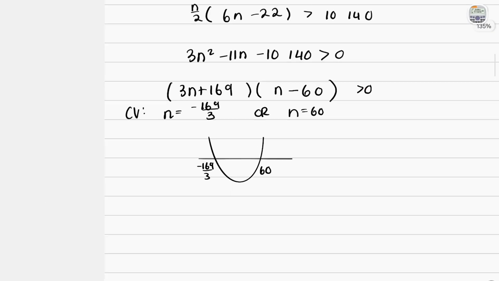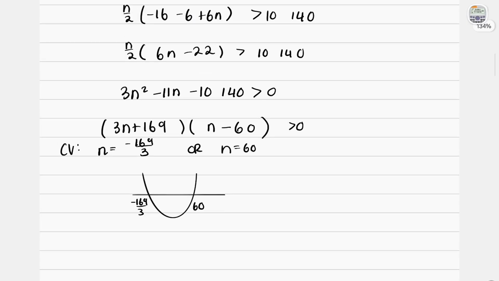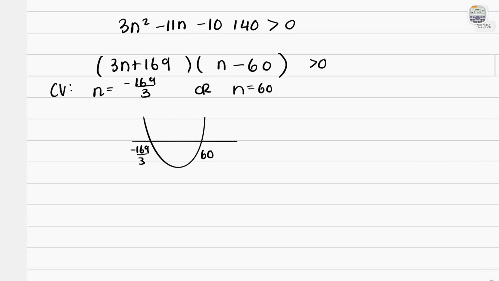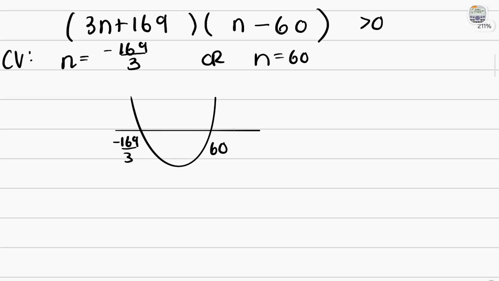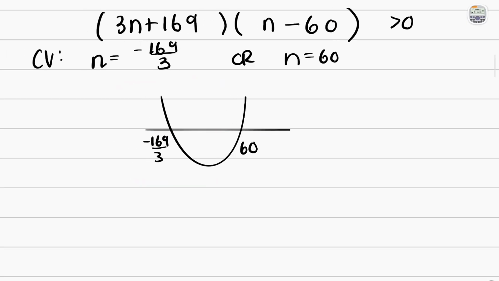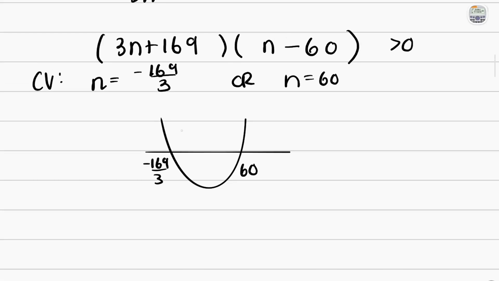And the 60, this was just asking us to solve for n where the function is greater than 0. Now remember from the first questions that if the function is greater than 0, we're just referring to the y values of this graph. The y values are greater than 0 where the graph is above the x-axis, and it's less than 0 where it's below. So we're only going to look at parts of the graph that lie above the x-axis.